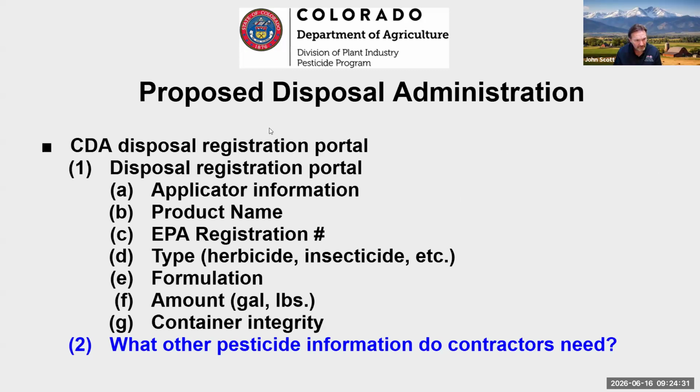Any other thoughts? Can I ask a question? This is Colleen. Absolutely. While you don't need the EPA registration number for the pesticide itself, the generators are generators of hazardous waste. So are you collecting their EPA ID number as a hazardous waste generator? That should go with the hazardous waste manifest. Or if you're collecting it as universal waste, I actually want to clarify something. Pesticides are one category of hazardous waste that can be managed as universal waste.